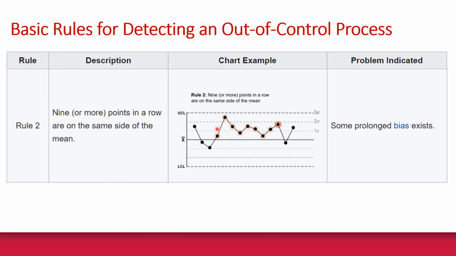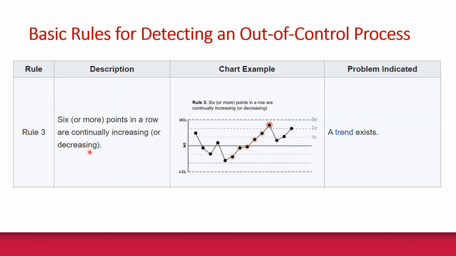Maybe a new operator's come on board. Maybe the machine's starting to wear out. All kinds of things can cause this, but there is obviously some reason causing it. This is not natural variation. So what should you do? You should investigate and see if you can figure out exactly what's causing this kind of situation.